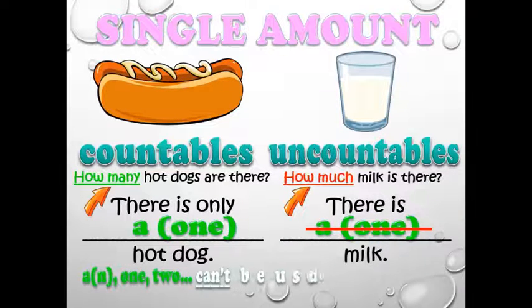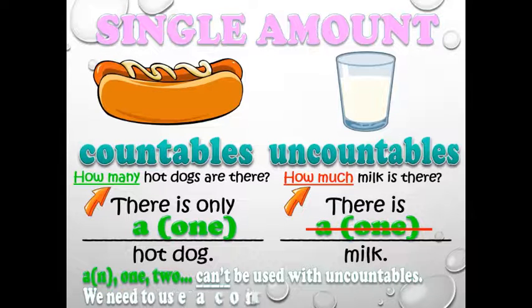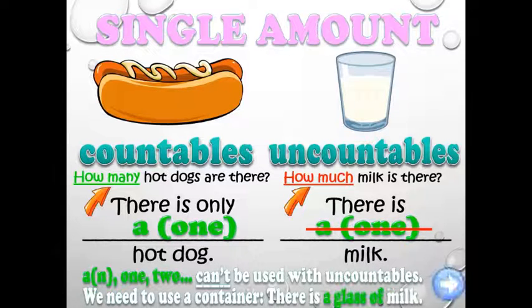There is a milk, or there is one milk. This example is incorrect because you cannot use a, an, one, or two with uncountable nouns. You have to use a partitive, a container. There is a glass of milk.